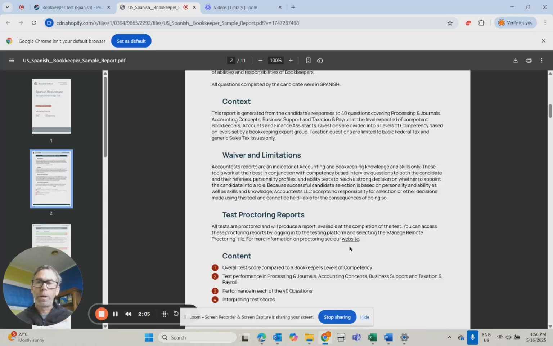So your candidate was proctored while they did the test. That means their camera was on, and any infractions, if you like, that came along whilst they were doing the test will be recorded. You can access the proctoring report through the platform, and this link tells you more about what that proctoring report is telling you.